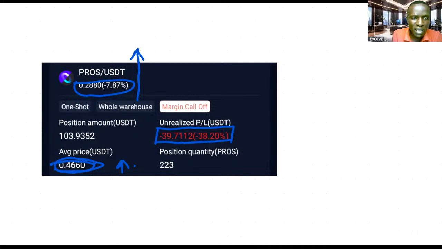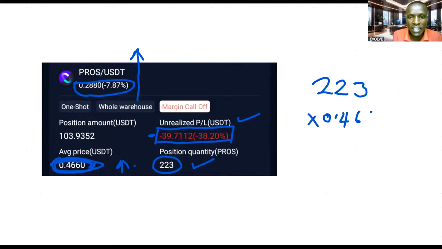This simply means your coins, each of them, this is the price of each of these coins. So there we have 200, 22, and 23 coins. Each coin is equivalent to 0.4660.